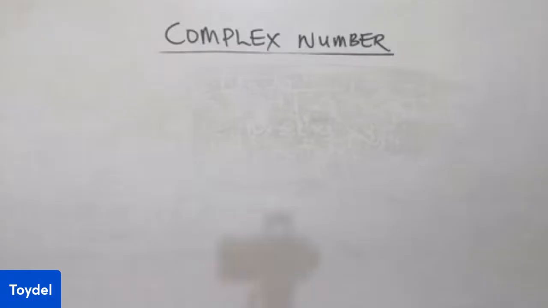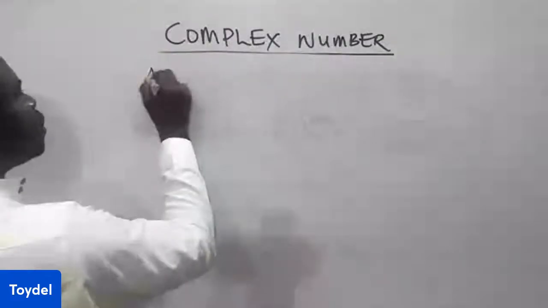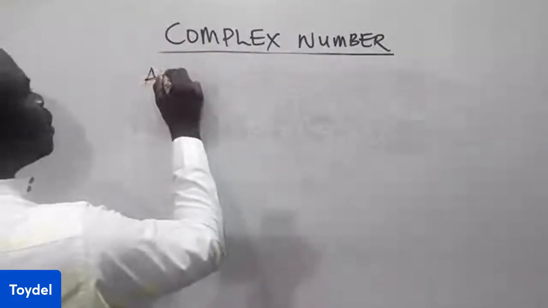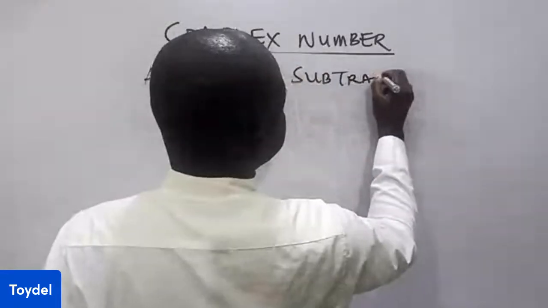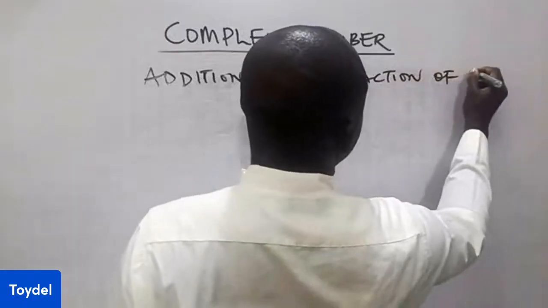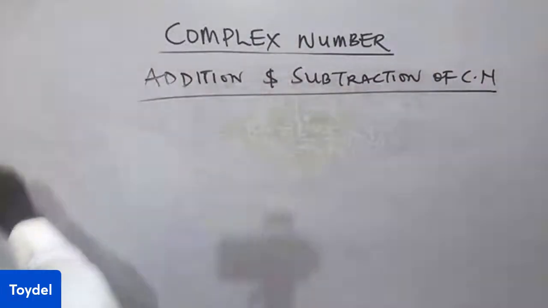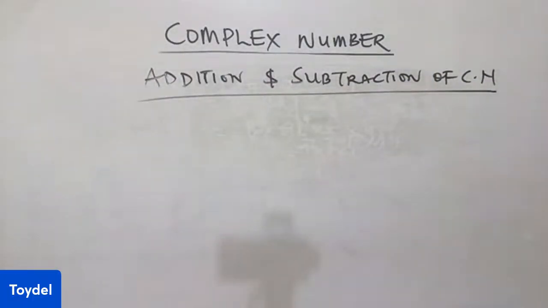That is, addition, subtraction, multiplication, and division can actually be carried out with complex numbers. So let's start with addition and subtraction of complex numbers.